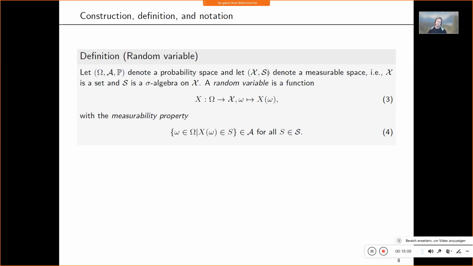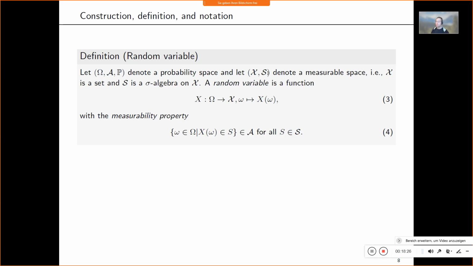Sometimes, and maybe I have a remark on this, it is written differently, but it's a function from Omega to X, which fulfills the measurability property, or which is measurable.